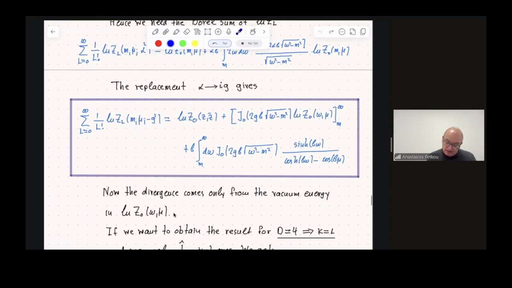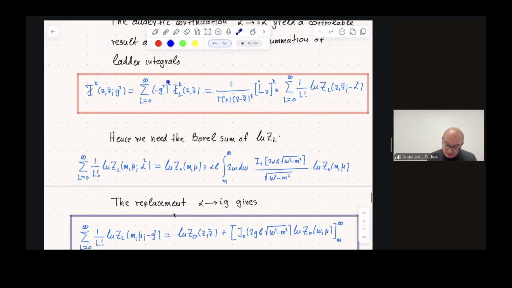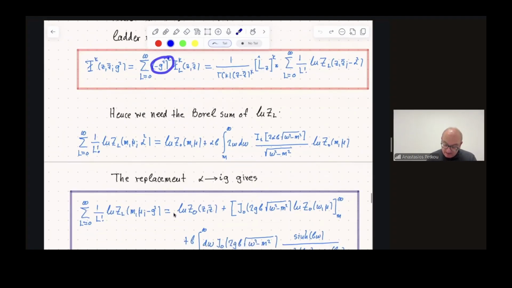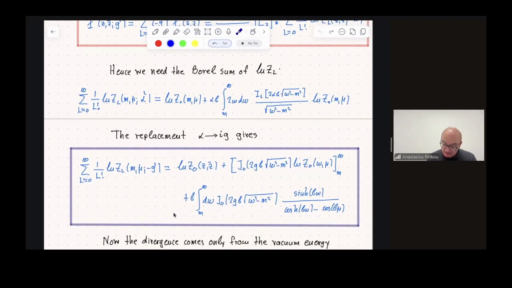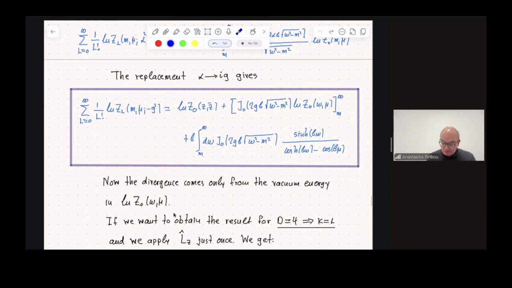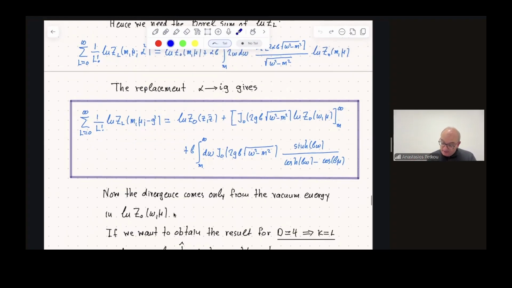Now, okay, as I said, we needed to sum the integrals with minus g square. That means that we just make a rotation alpha to ig, so that we have alpha square is minus g square. So I need the Borel summation of the analytically continued result.